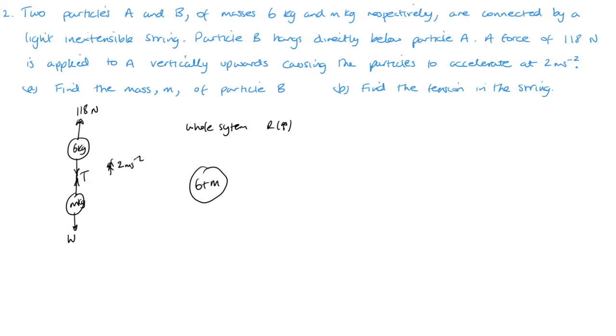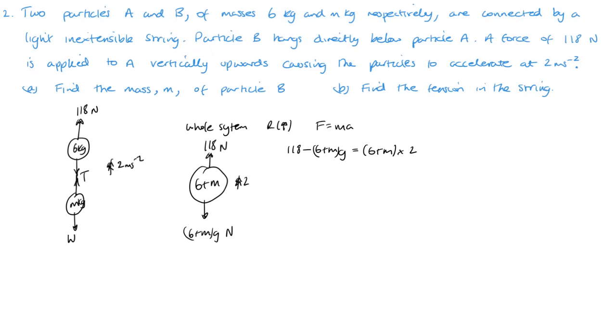That's 6 plus m in there. 118 newtons that way, (6 plus m)g newtons down, and the acceleration is 2. So F equals ma, and we've got 118 minus (6 plus m) times g equals (6 plus m) times 2.